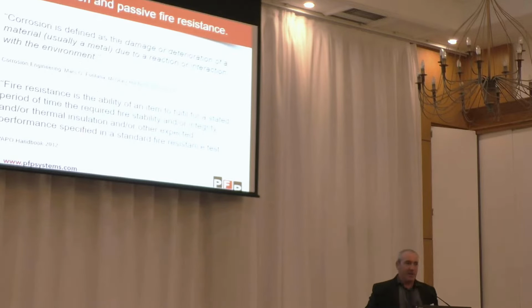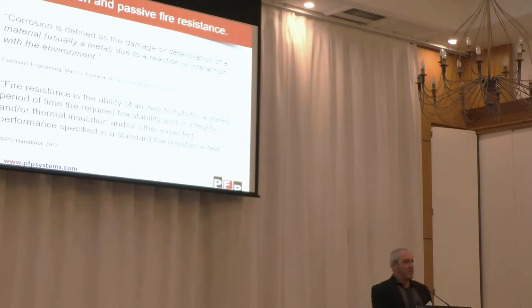Just starting at the beginning, I thought I'd put the definitions of corrosion and passive fireproofing together, because often we come across coating specialists and then passive fireproofing specialists. But when we do install a passive fireproofing system, we really have to think about what's sitting underneath. Corrosion is defined as the damage or deterioration of material due to reaction or interaction with the environment.